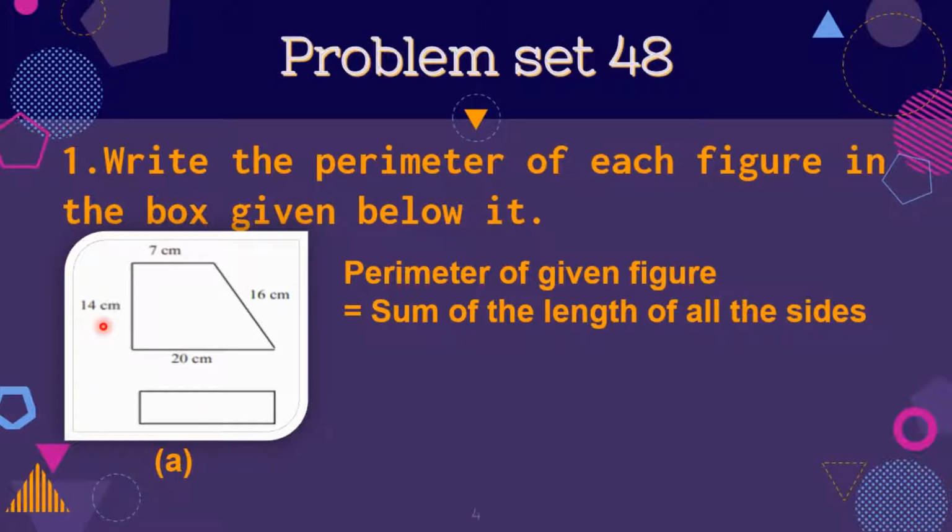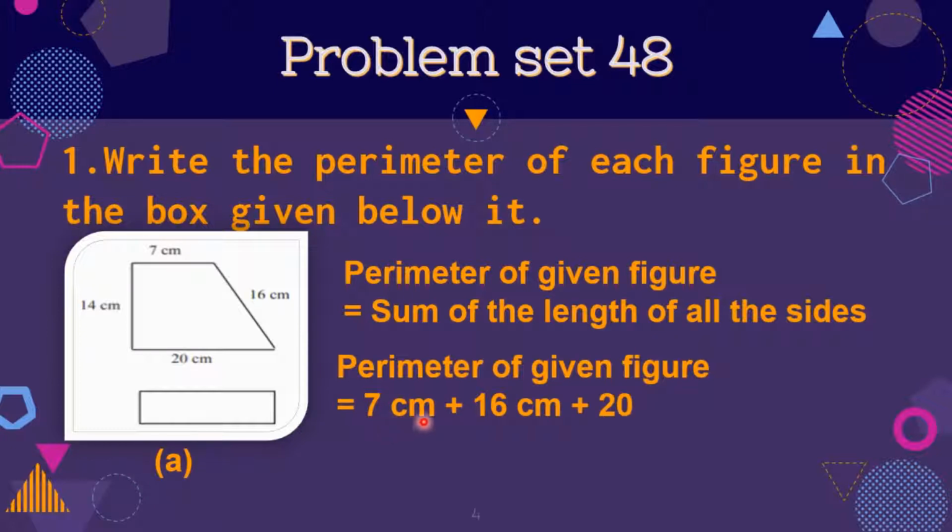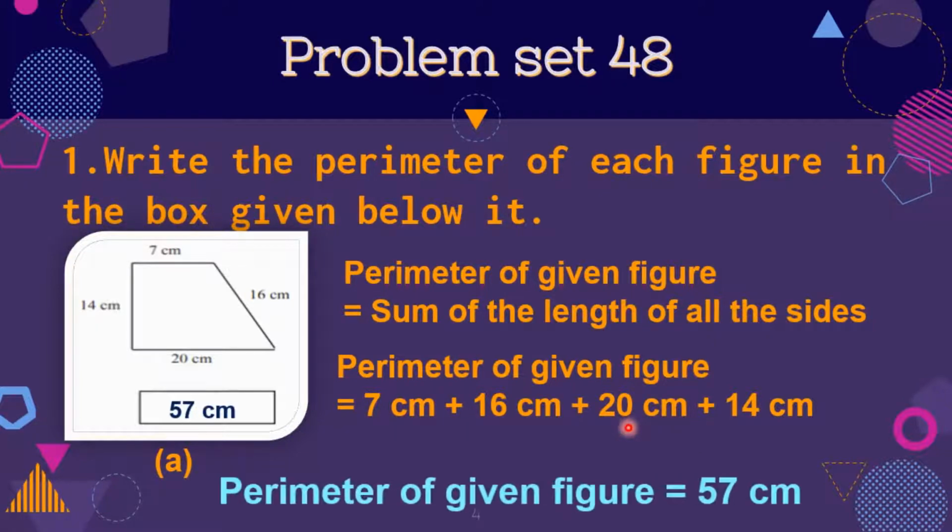So let us add all the lengths of this figure to get its perimeter. So we write perimeter of given figure is equal to 7 cm plus 16 cm plus 20 cm plus 14 cm. So after adding the lengths of all the sides of the given figure, we get the perimeter of given figure is 57 cm.